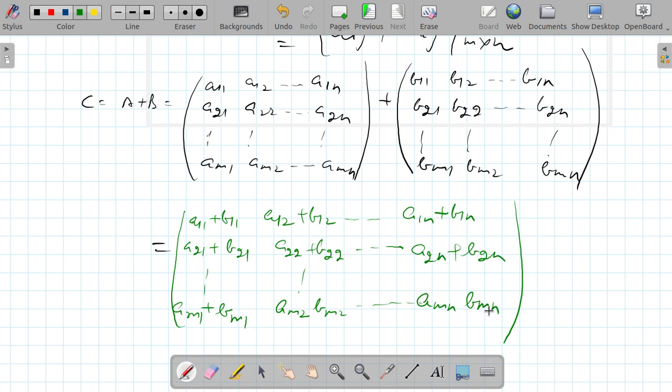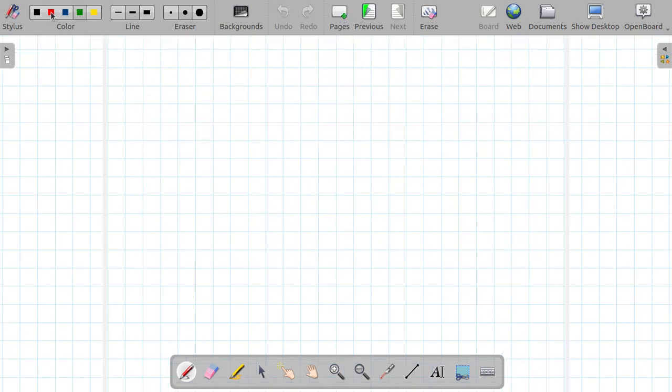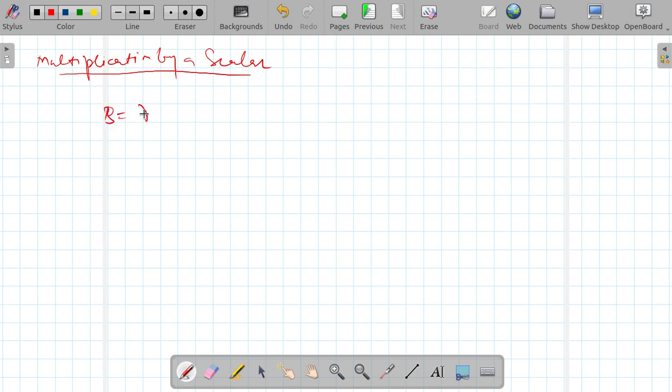Then I will talk about multiplication by a scalar, another operation. If we multiply a matrix with a scalar, then it gets multiplied with every element of the matrix. So mathematically it can be represented as lambda Aij, where lambda is some scalar, for an m cross n matrix.